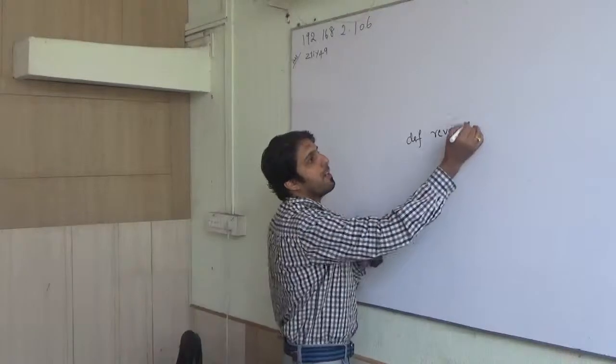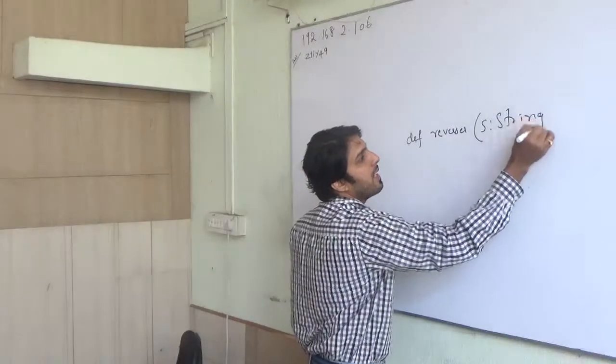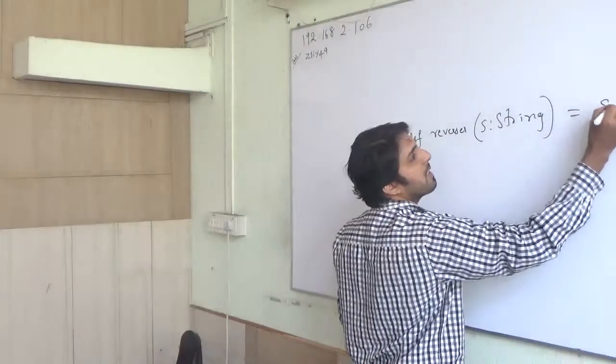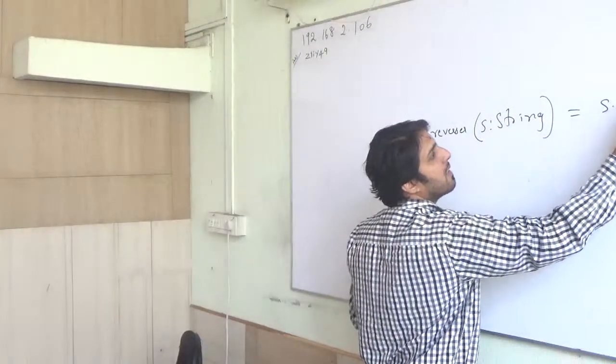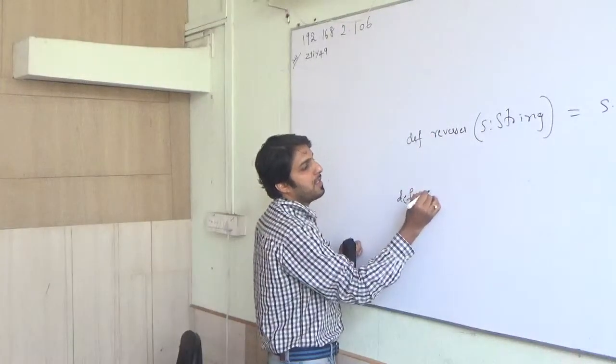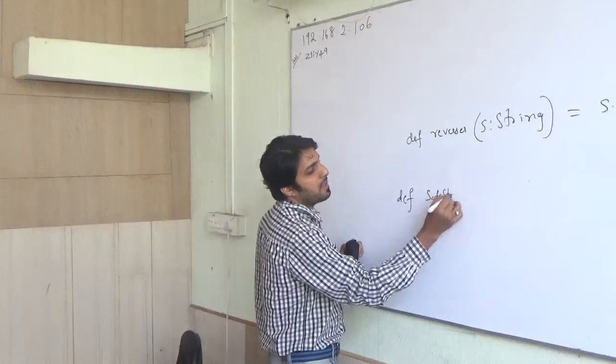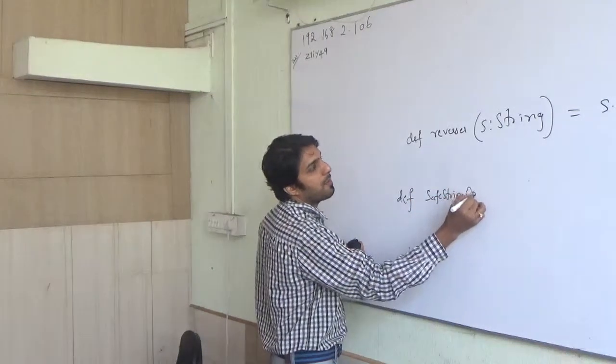Yeah, earlier we saw we had reversal. We were passing a string, and that string we were reversing. Then we had a higher order function, saveStringOf.